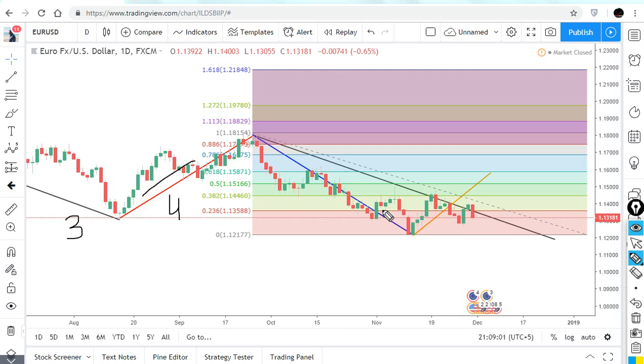And this is your fifth wave starting now. So in the waves, you will see another wave here. You will see another wave here, right?